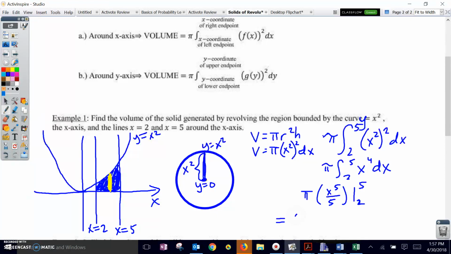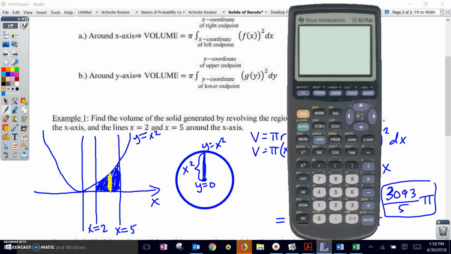And the last 5 cancels with the 5 in the denominator, so we end up with 625 pi minus 32 over 5 pi. And we can simplify that if we want to. It ends up being 3,093 over 5 pi.